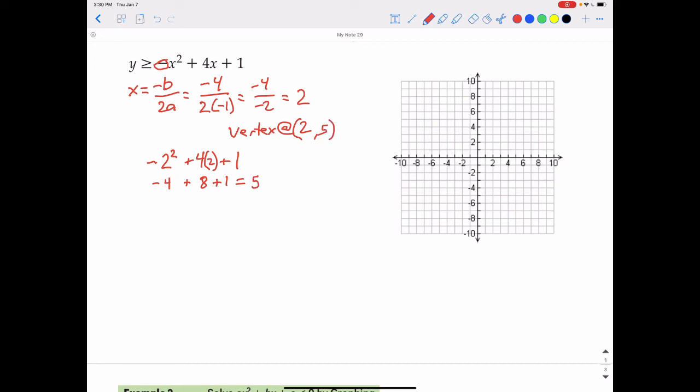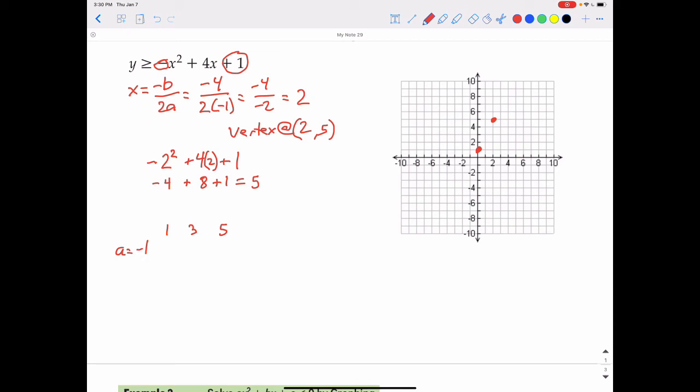So over 2 up 5, we'll place a point there. And then the second step is to use the c value to find the y-intercept. And the c value is a 1. So we'll place a point on the y-intercept at 1. And then we'll do the 1, 3, 5 rule. We'll take it times the a value. The a value is negative 1. It's the number in front of the x squared term.